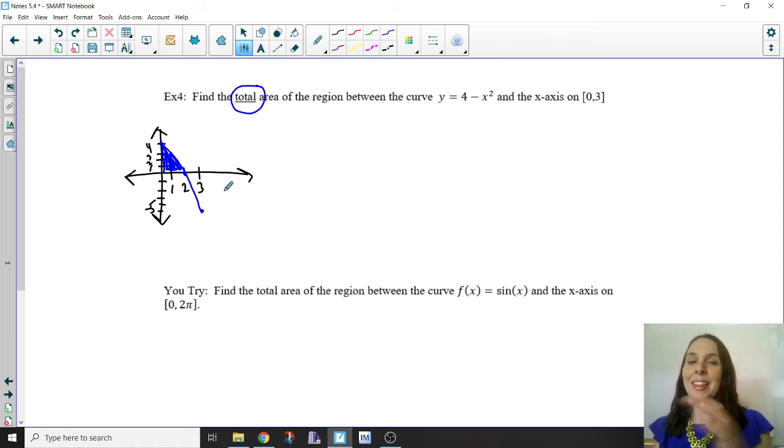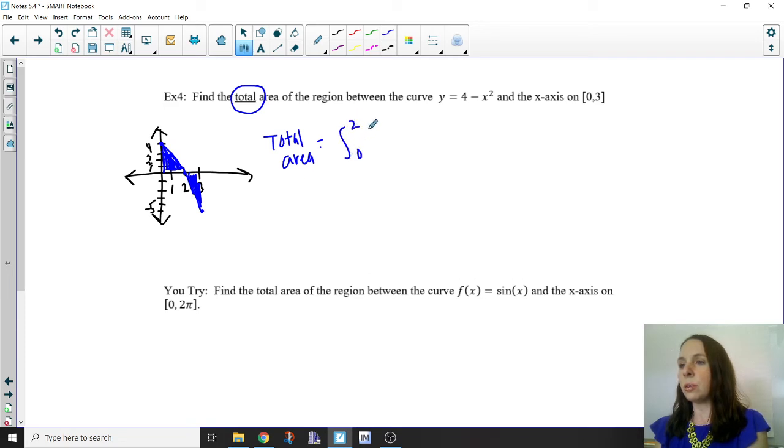And so I can take that area and I can just add onto it the area below the x-axis, but positive. Or in other words, the absolute value of this integral. Okay, and that would look like this. Total area would be equal to the integral from 0 to 2 of 4 minus x squared dx.